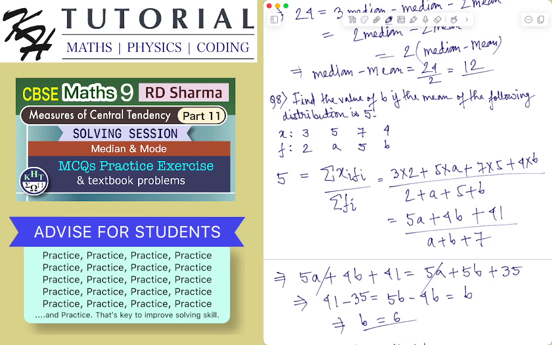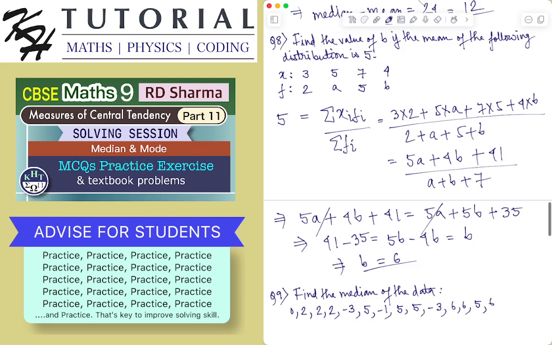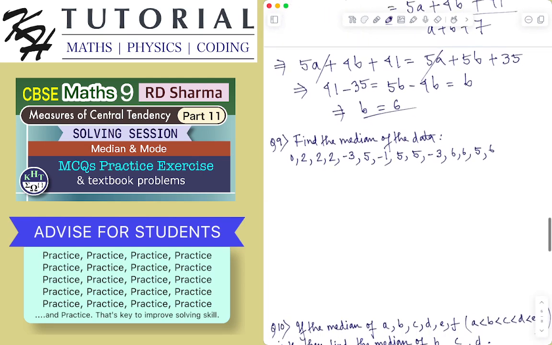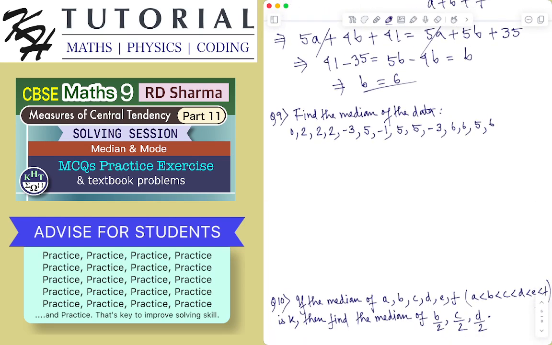Okay, let's see the next problem. Find the median of the data. Okay, so we have some raw data. To find the median, we would like to sort the data in either ascending or descending order. I am arranging the data in ascending order.